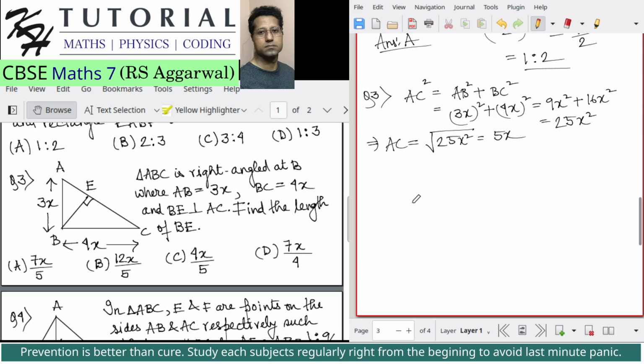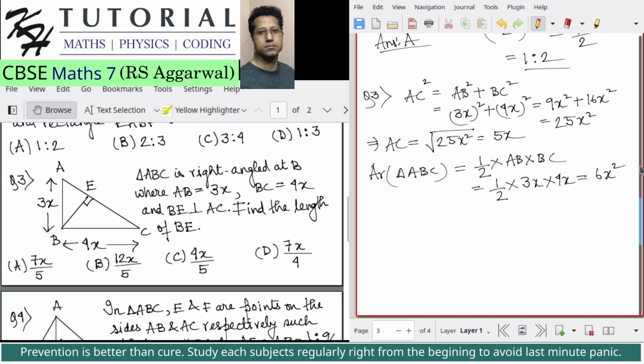Okay. So now the area of triangle ABC, considering the two legs as the base and height, will be equal to half multiplied by AB multiplied by BC, which is equal to half multiplied by 3x multiplied by 4x, which is equal to 6x square.